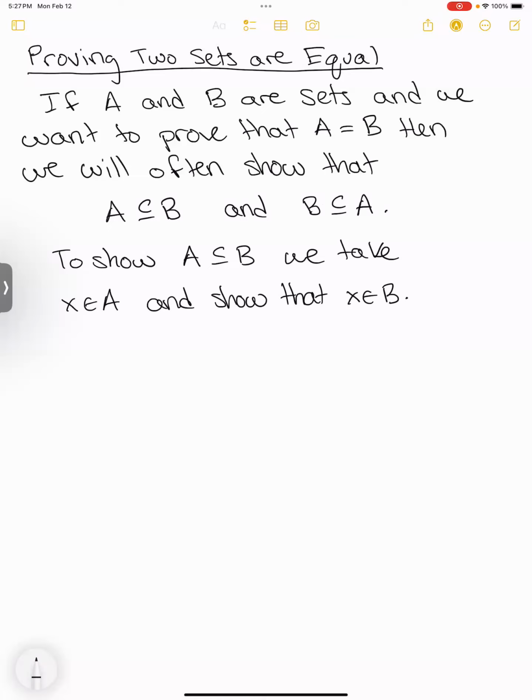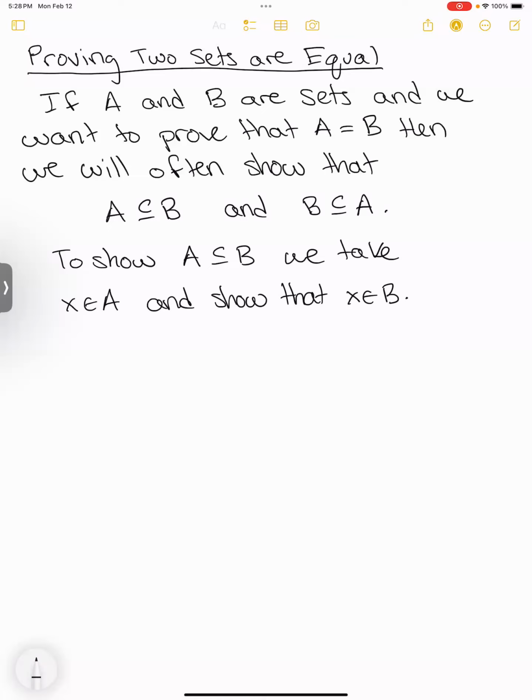Take some X that's in B and show that it has to be in A, then B is a subset of A.